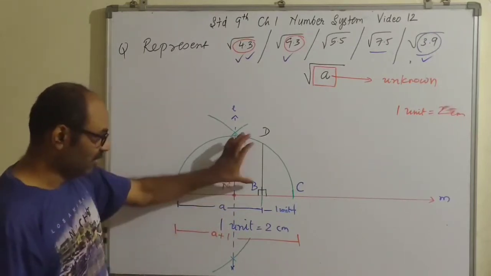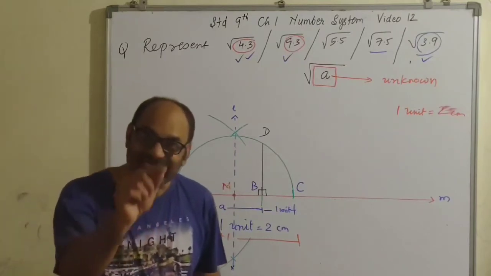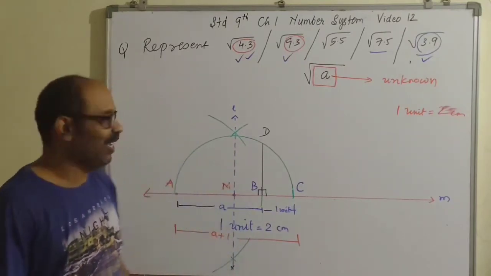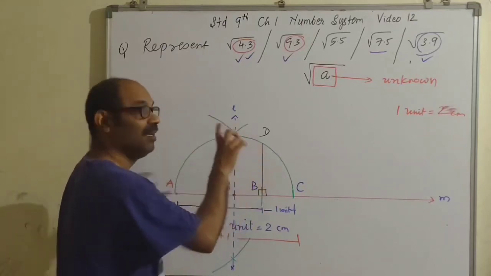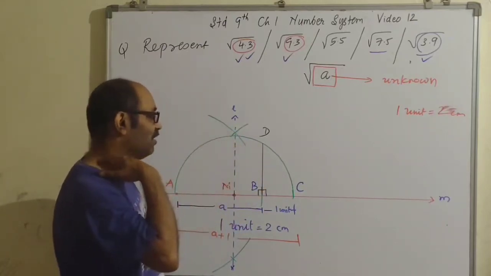Children, this BD, its distance is root a. The AB we took as a unit, that was the fourth step. This is the fifth step, right?